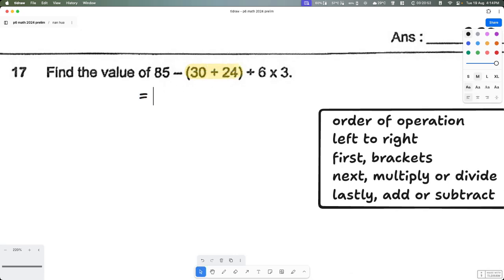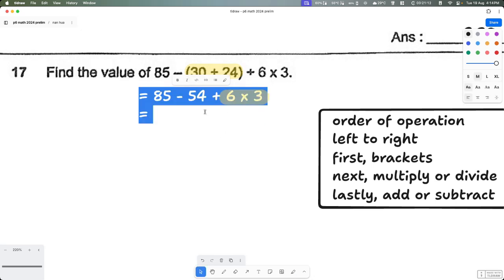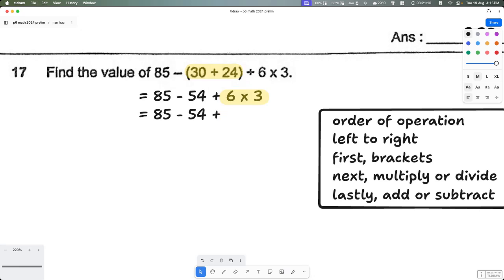Okay, so 85 minus 30 plus 24. So not 95, 85 minus 54, that is 30 plus 24 is 54, plus 6 times 3. Next we need to multiply, right? So 6 times 3. In this case, we will just have 85 minus 54 again plus 18.